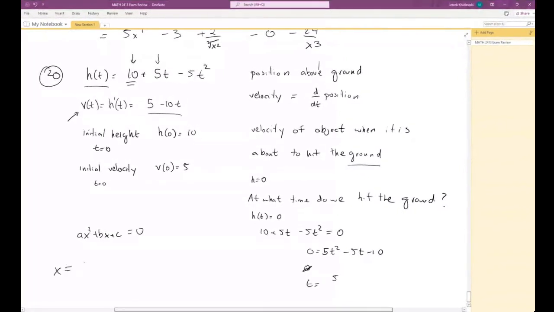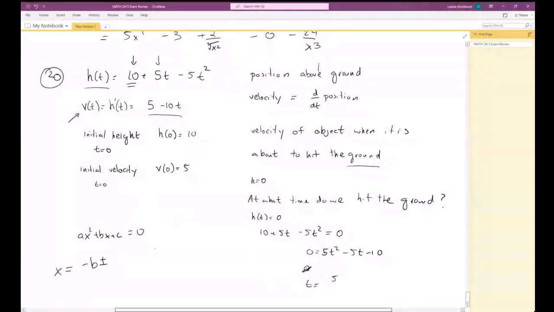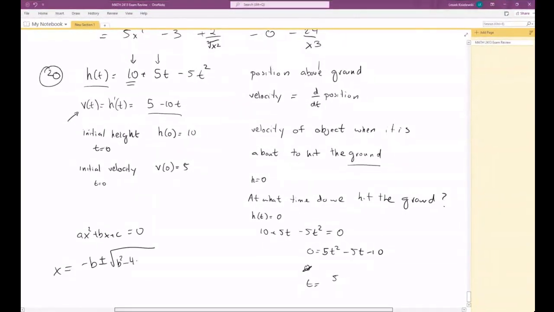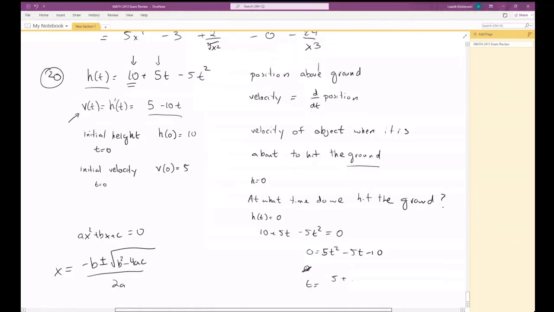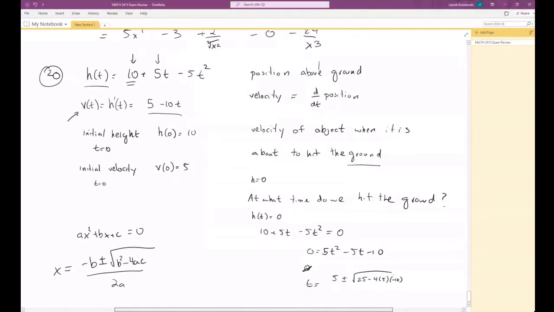The quadratic formula helps you solve for the zeros of the quadratic: minus b plus or minus the square root of b squared minus 4 times a times c, all divided by 2a.